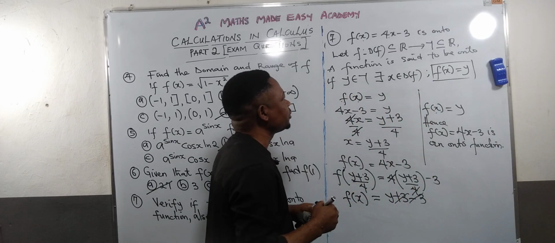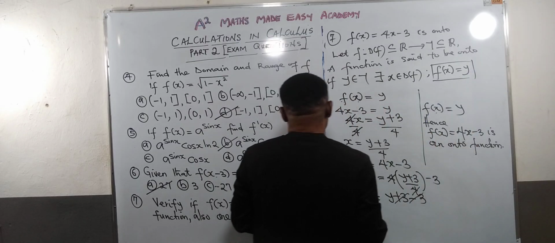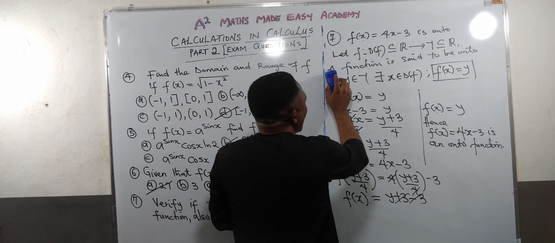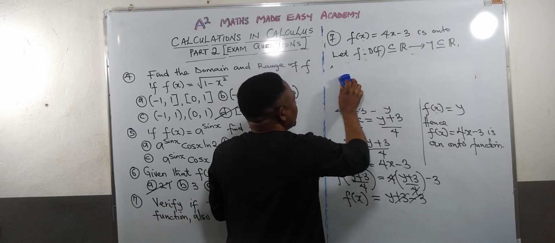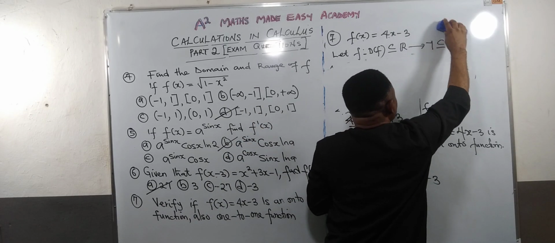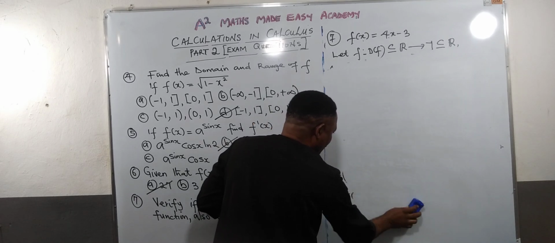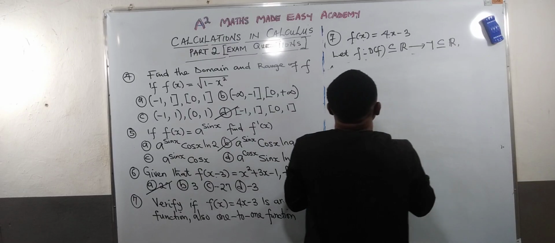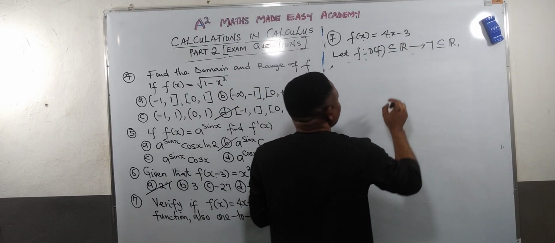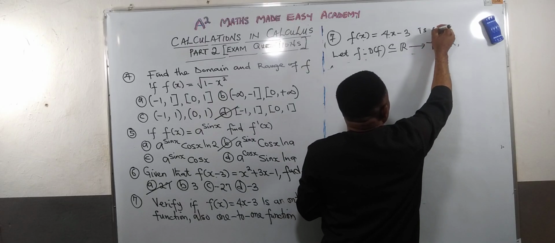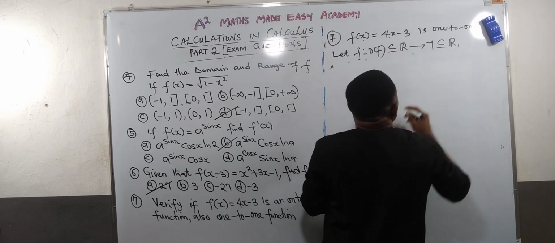It has been verified. Now the second stage we're going to do is to talk about what we call one-to-one function. Now I will claim this and we're going to verify if this is also one-to-one. How? Then I want you to watch. f of x is given as 4x minus 3. We want to verify it is a one-to-one function.